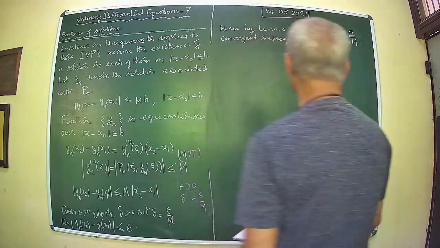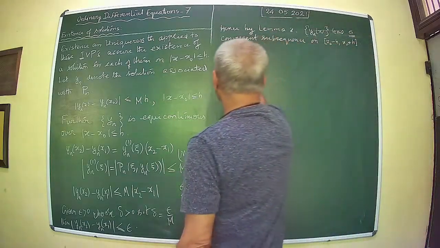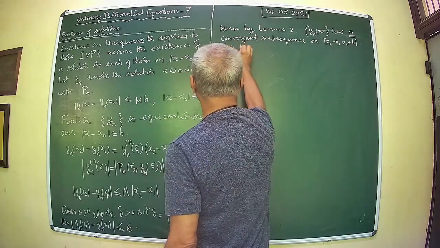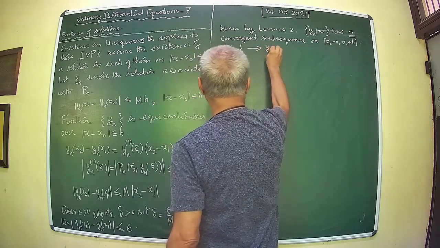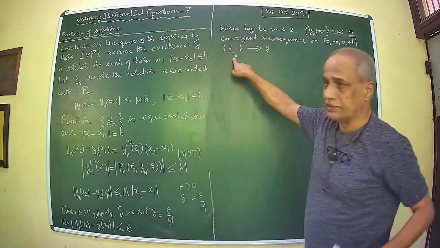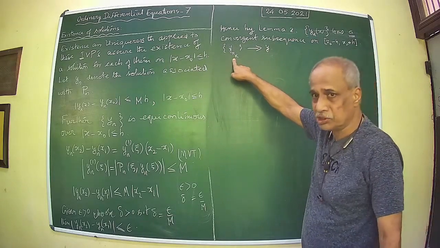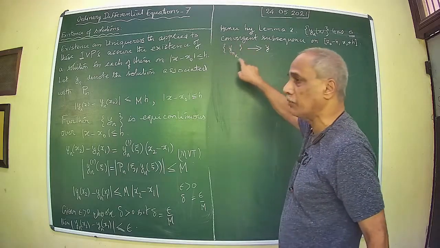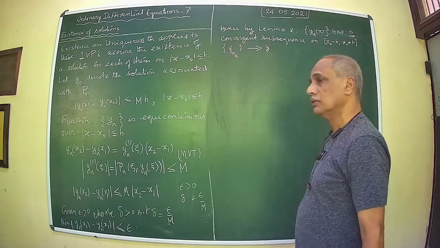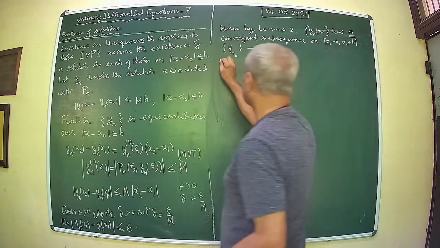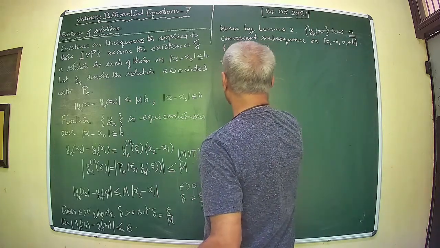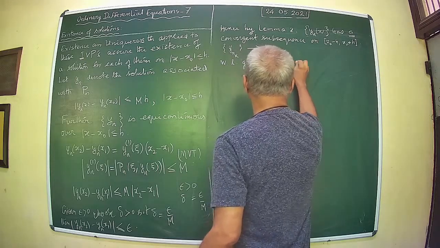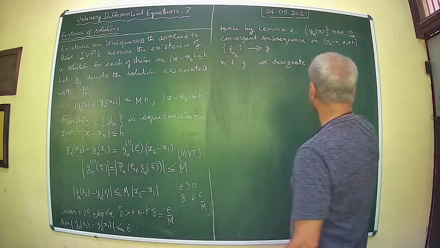So what we do is, we have ynk which converges to some particular y without loss of generality. Don't get confused here. Without loss of generality, we designate the subsequence also by yn.